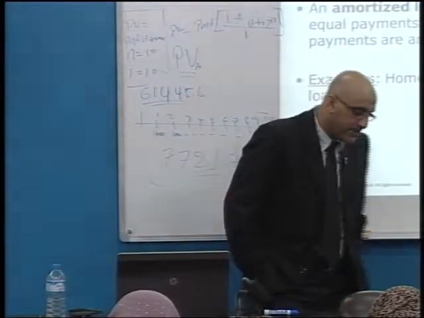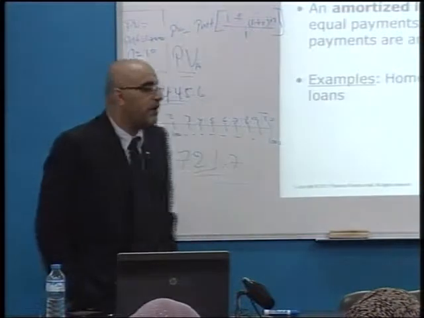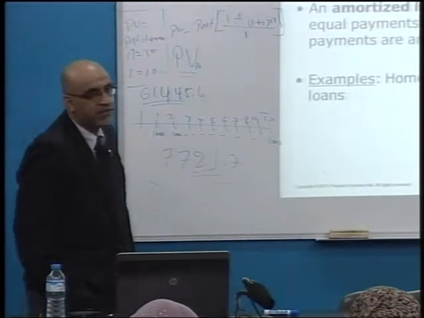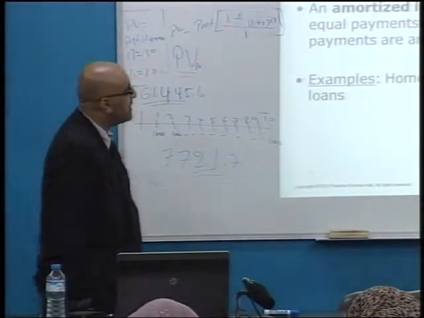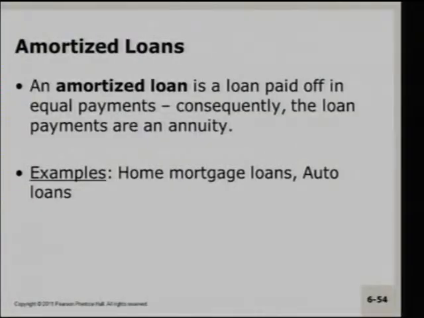Now, one of the main applications of the present value of annuity is loan amortization. Loan amortization means if you go to the bank and ask to get a loan, for instance, to buy a car or house, and you agree with the bank on the value of the loan.